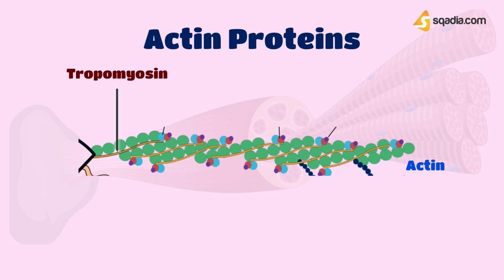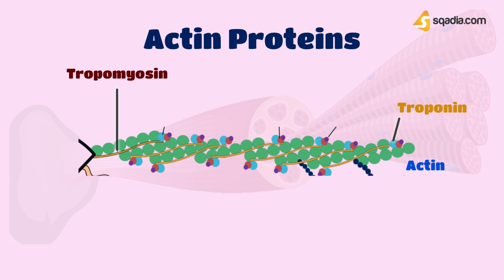Contraction only happens when a specific signal causes tropomyosin to change its shape. This change in shape uncovers the active sites on the actin molecules, allowing them to interact with the myosin filaments and initiate muscle contraction. The next protein is troponin.